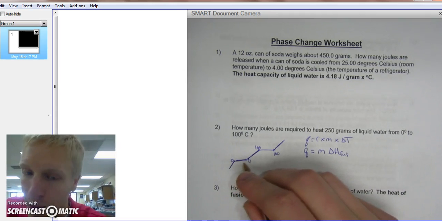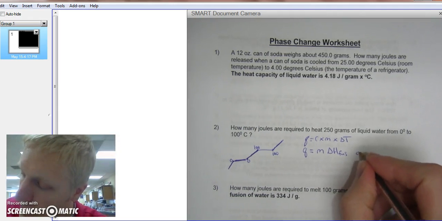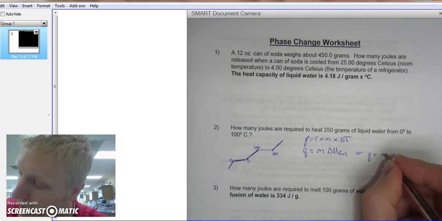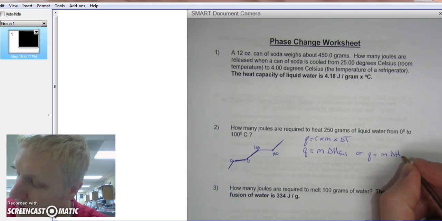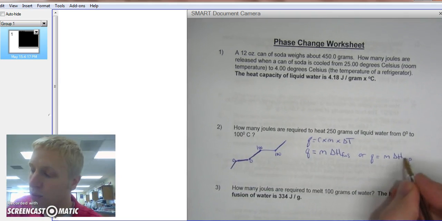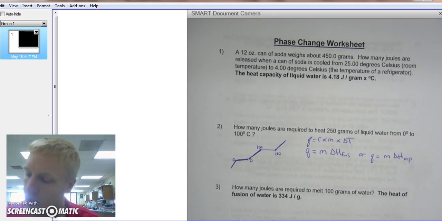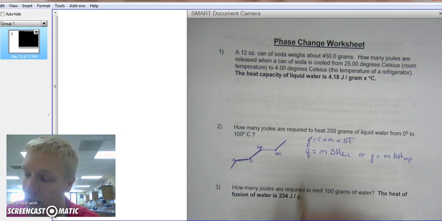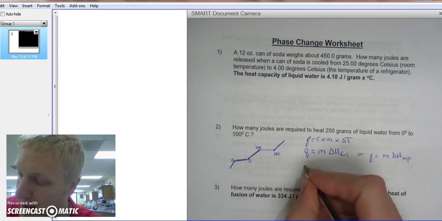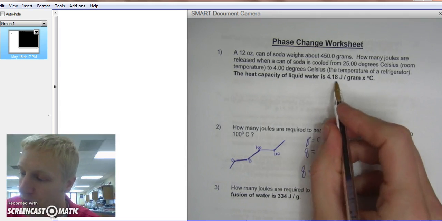That is for the melting freezing point, or Q equals mass times delta H of vaporization. Both of those values will be given to you, just like the specific heats. Alright, but again, for this problem we're only going from 0 to 100, so that's one equation, and that's the specific heat equation.